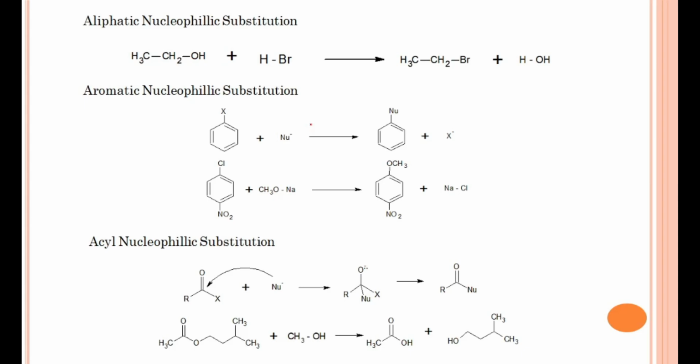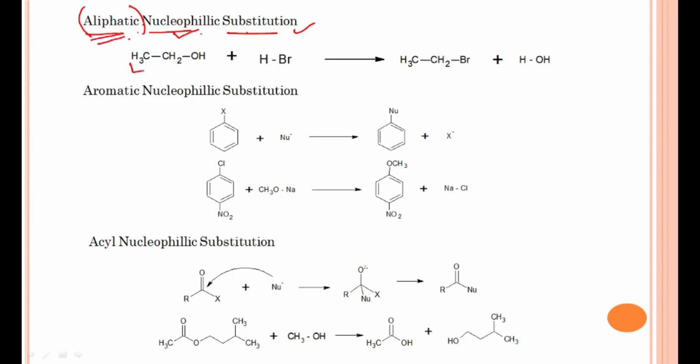So that is a nucleophilic substitution reaction. Now come to the subcategories of nucleophilic substitution reaction. The first category is aliphatic nucleophilic substitution reaction. If we split the name, this is a substitution reaction. It is a nucleophilic substitution, which means a nucleophile is involved, and if this reaction occurs with aliphatic compounds, then it is an aliphatic nucleophilic substitution reaction.